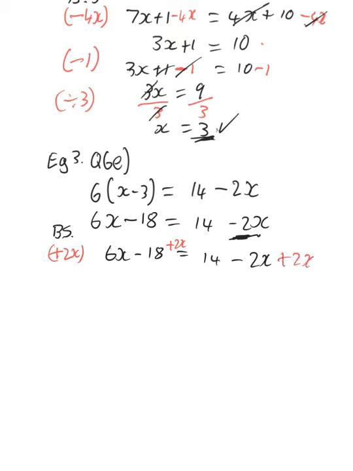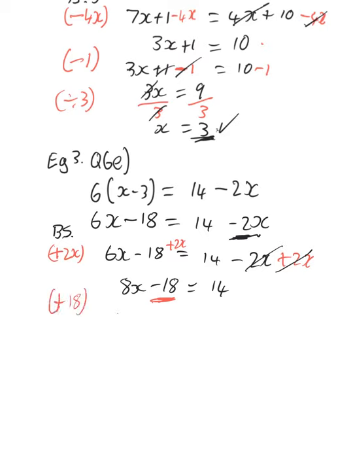Now they eliminate each other, and we have 6x plus 2x is 8x. Minus 18 still remains the same, and the 14 remains the same. Now from the left hand side we'll eliminate the minus 18, by doing the inverse, which is plus 18.